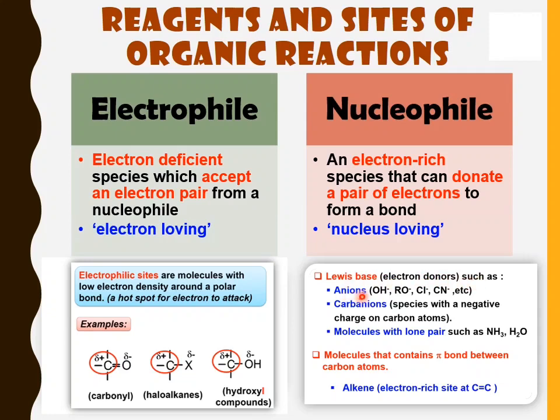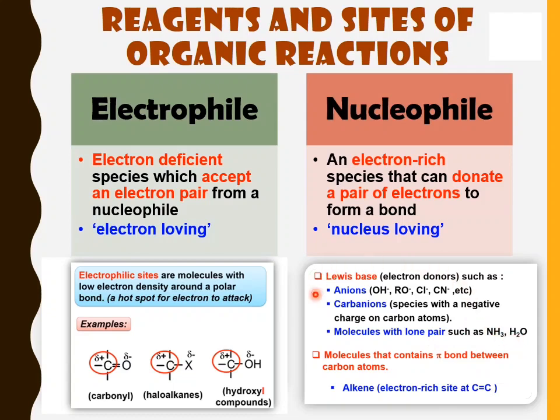We know that anion is electron rich. Carbanion, species with a negative charge on carbon atom. Molecule with lone pair such as ammonia consists of lone pair on the central atom, and also H2O consists of lone pair on the central atom.